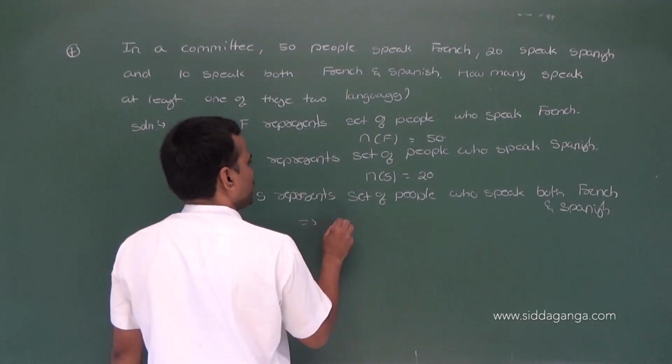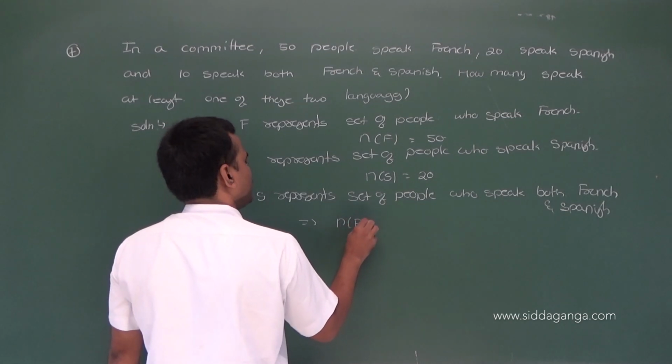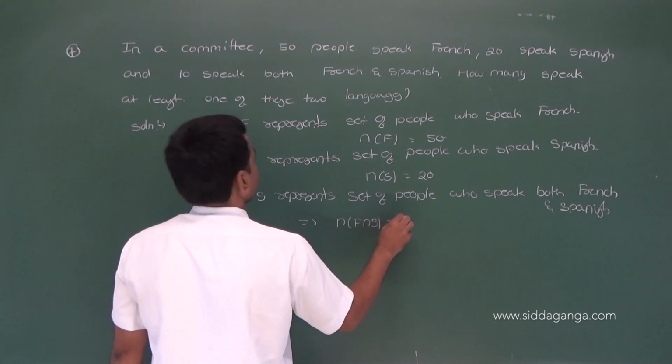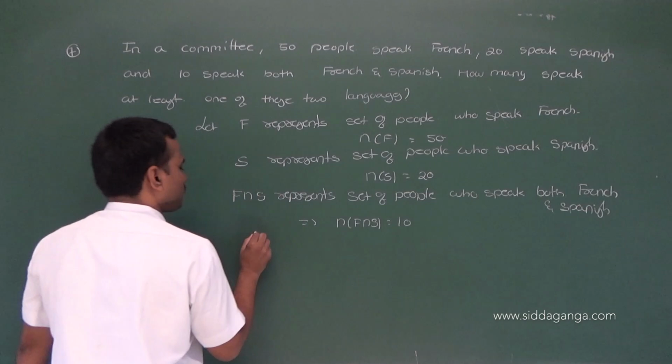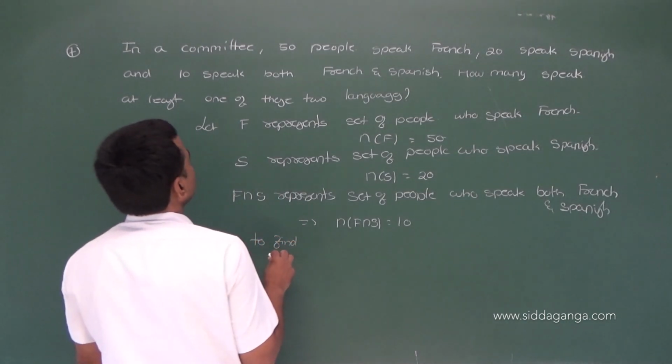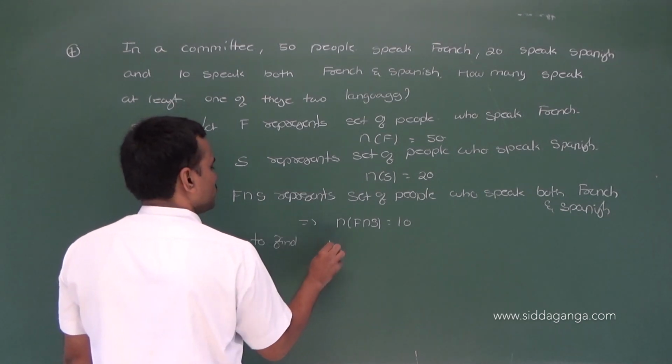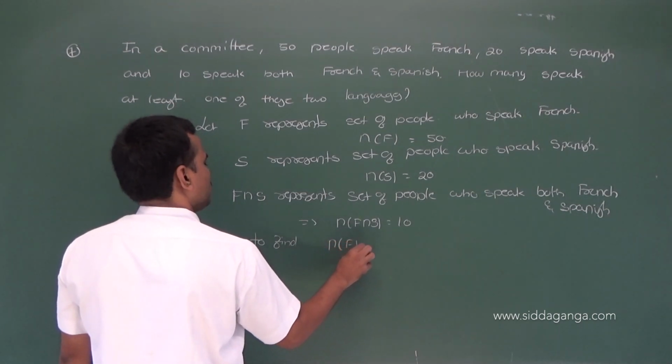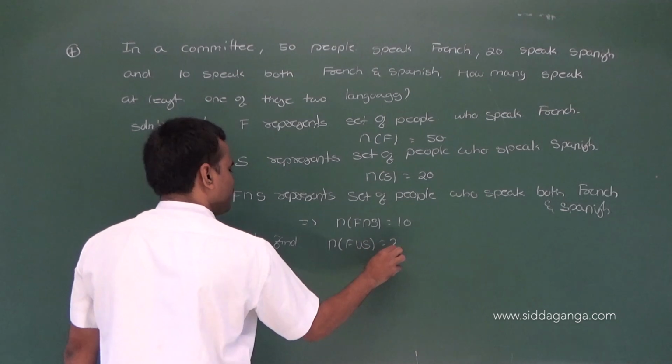That is also given. That implies n of F intersection S is how much? 10. To find at least one of these two languages means n of F union S.